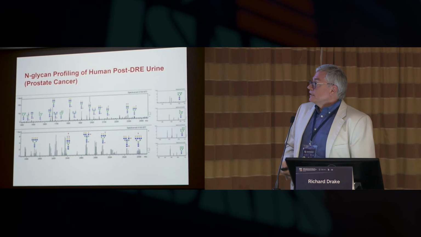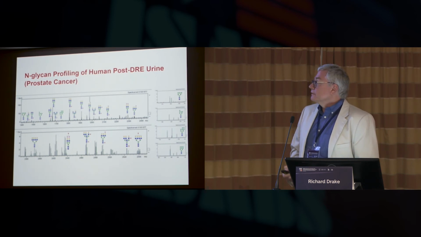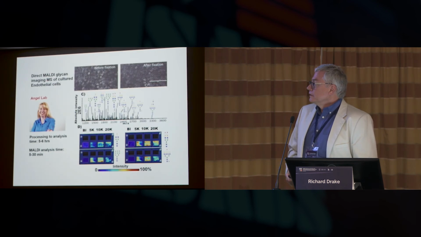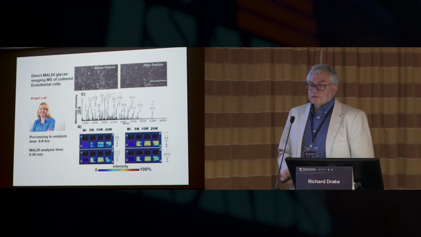And then this is old history for me, but looking at prostatic fluids, again, we just spot it, we can spray it, we can start getting glycan profiles. That's another area I'll go back to. And I'll just end briefly. Peggy Angel has developed an on-slide method, essentially just growing the cells on a slide. Then you fix them, and then we can spray them.